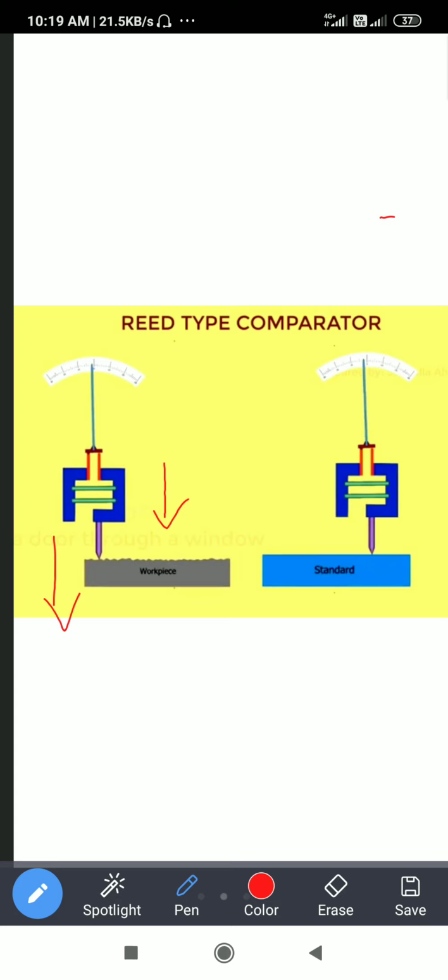When this link comes down, the rigid movement also changes. Once the rigid movement changes, the vertical rigids also change, which is connected to the needle, so the needle position changes, the needle comes and stops over there, and it displays on the scale.